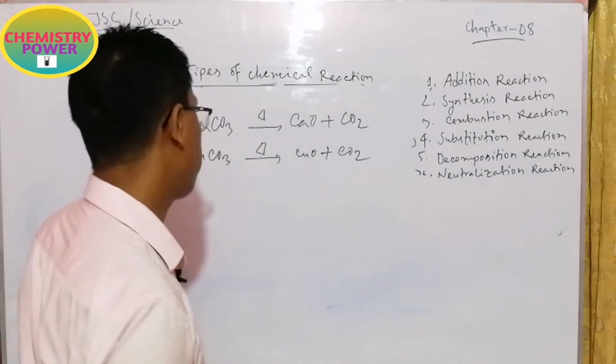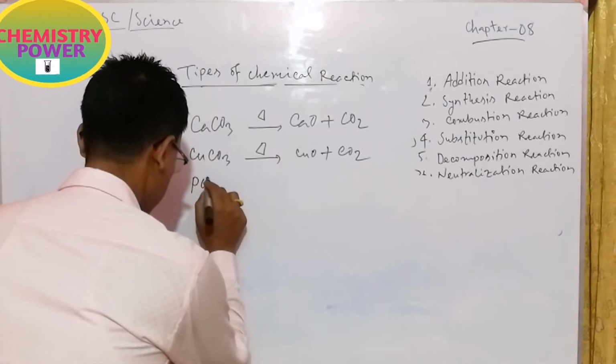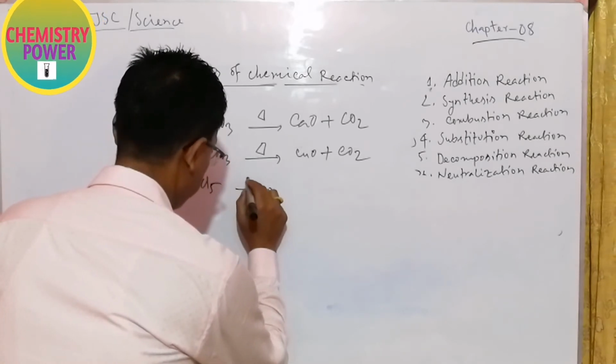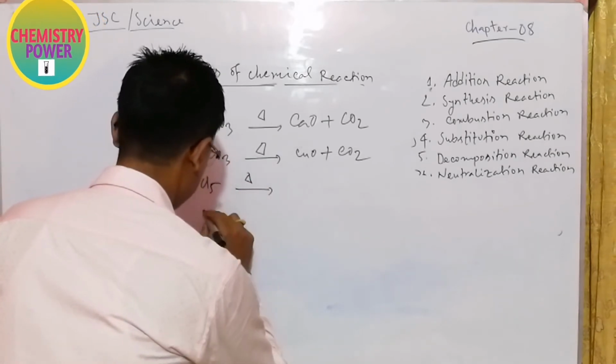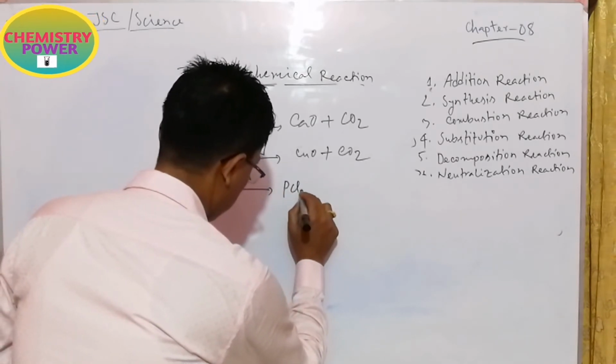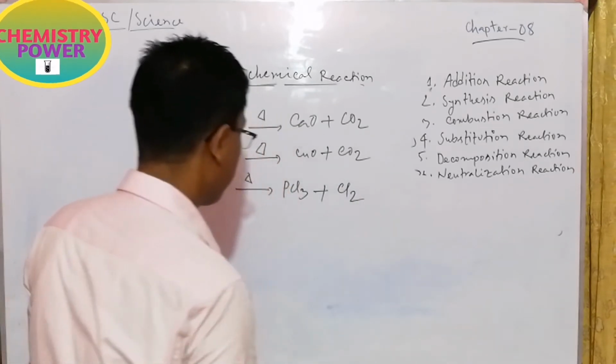One more example for decomposition reaction: phosphorus pentachloride, when heat is applied, breaks into phosphorus trichloride and also produces chlorine gas.